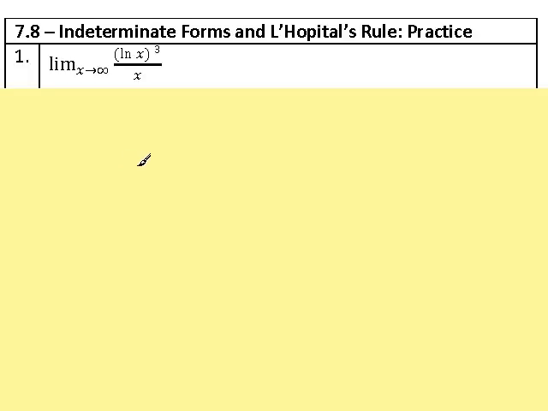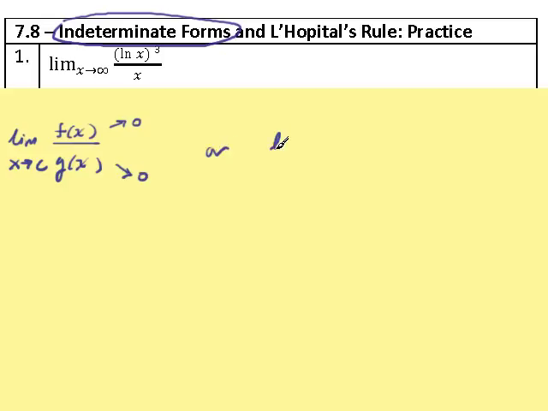In 7.8, we're going to look at limits that are what we call indeterminate forms. Indeterminate forms are limits of a quotient where the numerator and denominator both tend to 0, or the numerator and denominator both tend to infinity.